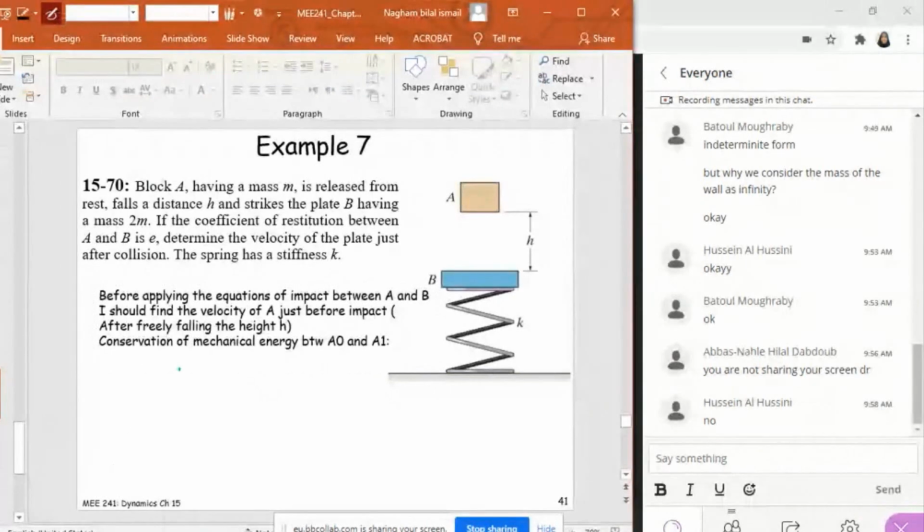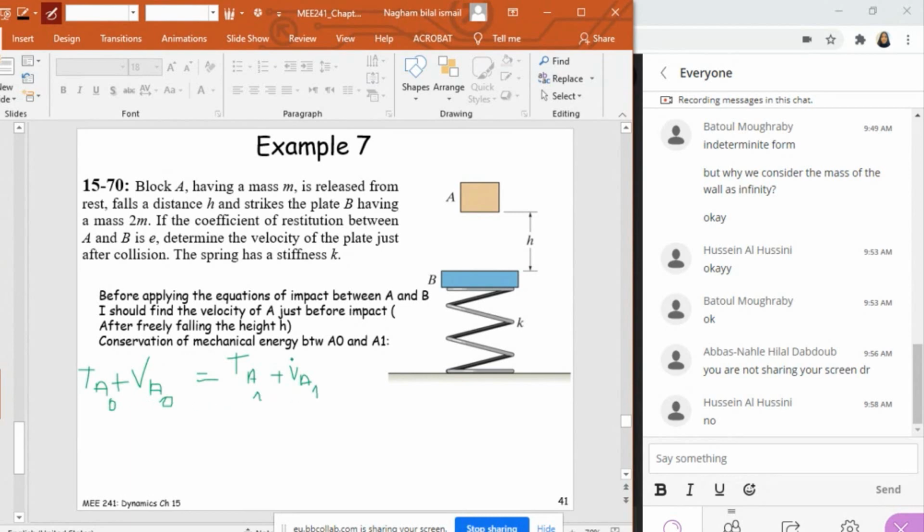Okay, so let's apply this. TA plus VA is equal to TA plus VA, this only for the mass A. Now, this will be at state 0, and this would be at state 1.